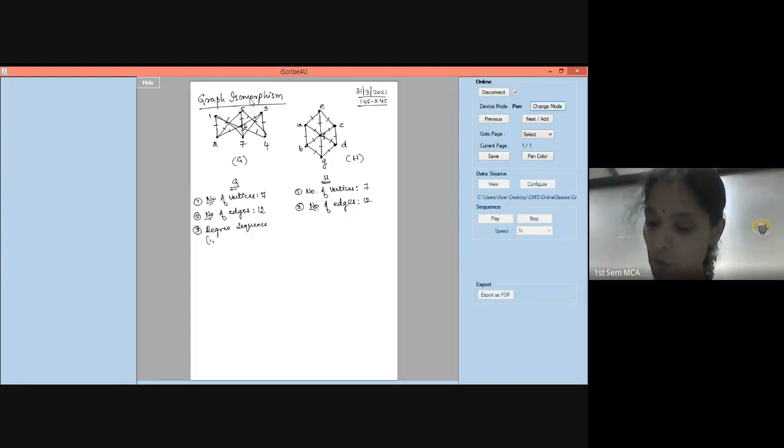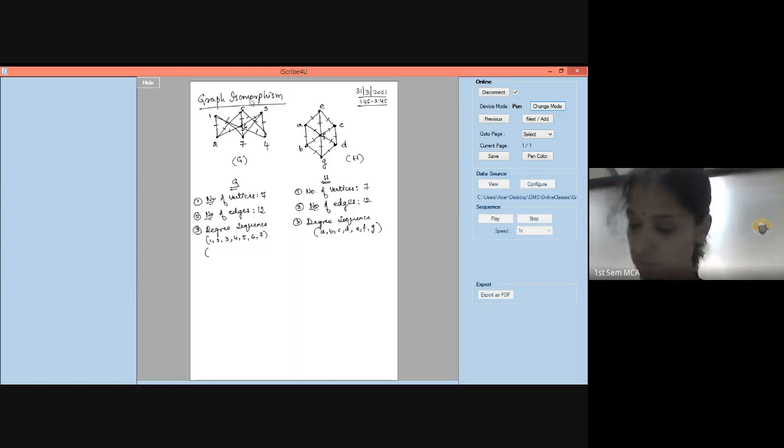So I have to find out the degree of 1, 2, 3, 4, 5, 6 and 7. Here again, the degree sequence of A, B, C, D, E, F and G is what we have to find out. Degree of 1 is 3.